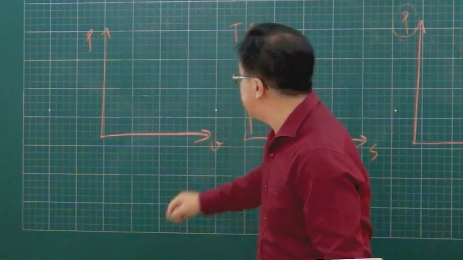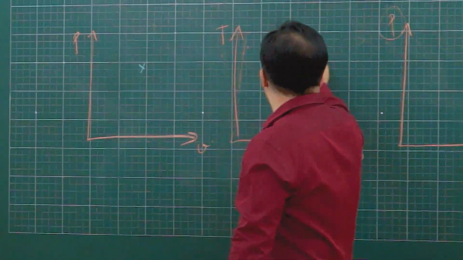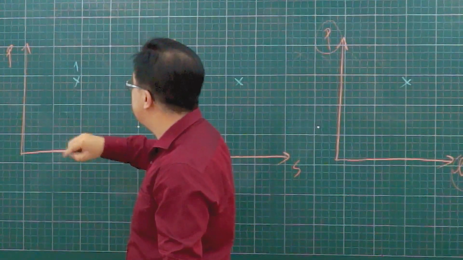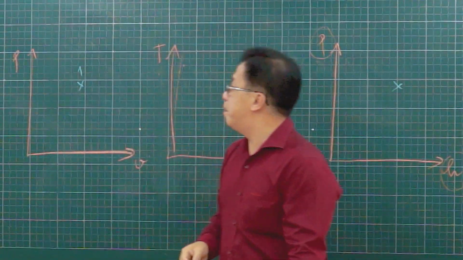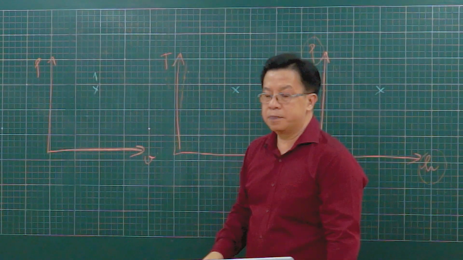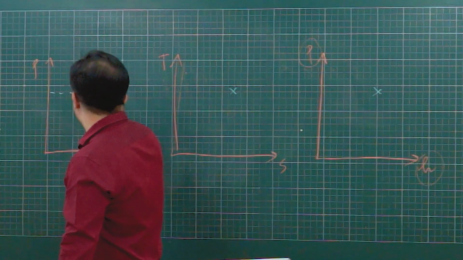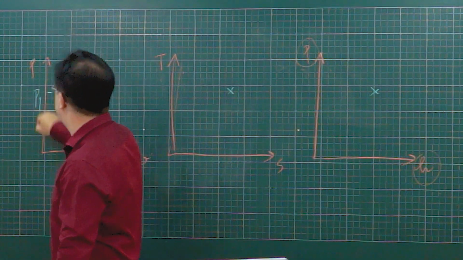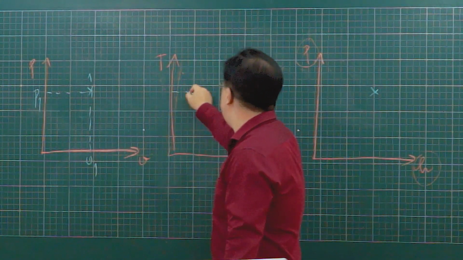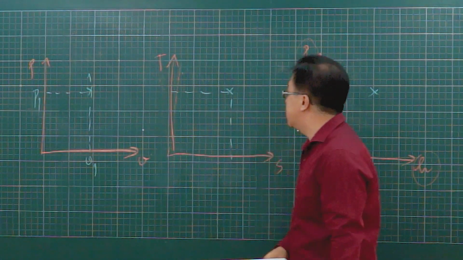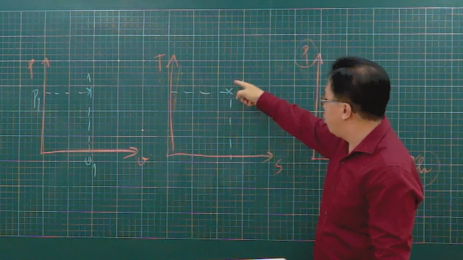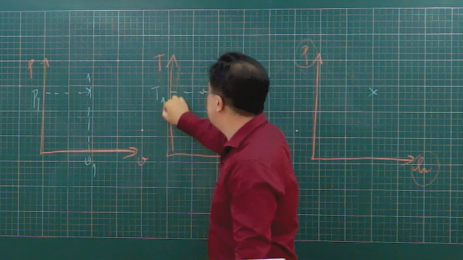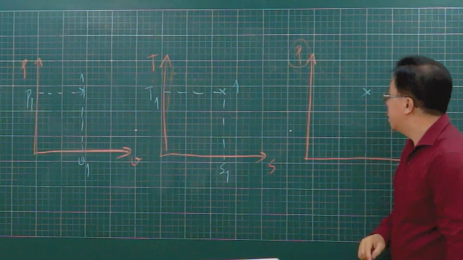And each point in this diagram, we have one state. Okay? For example, we got state 1. It is figured by point 1 there. And we got two independent properties, V1 and P1. Similarly, in the TS diagram, point 1 will be determined by the entropy S1 and the temperature T1.